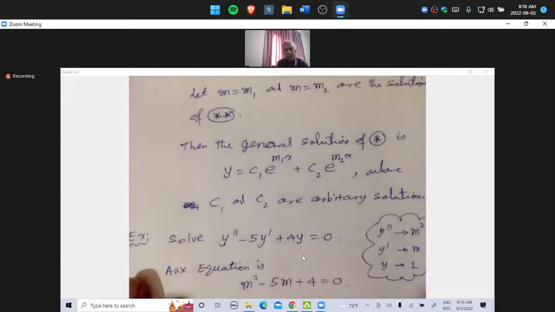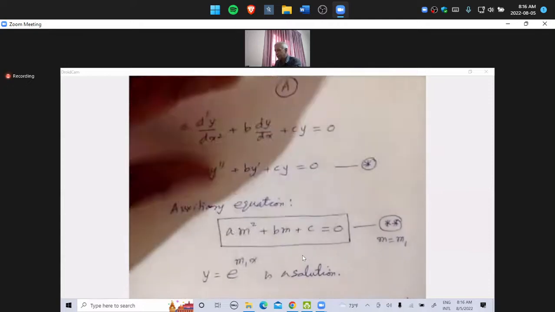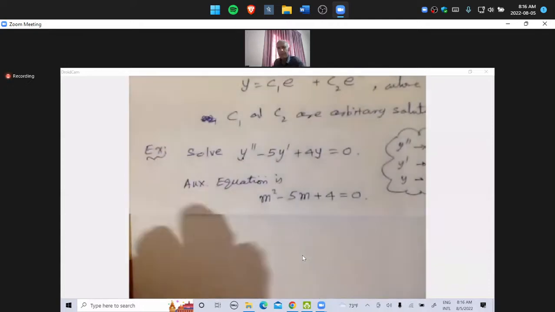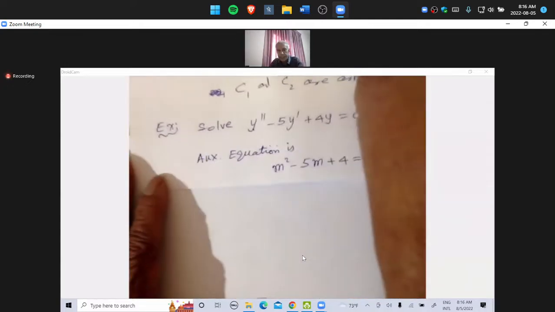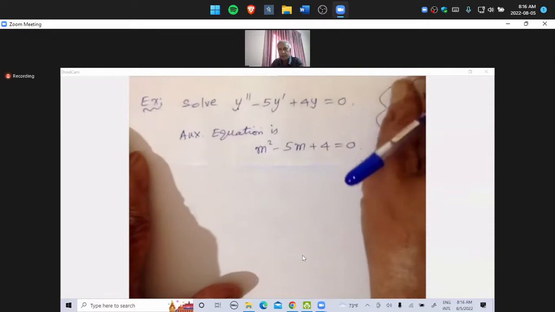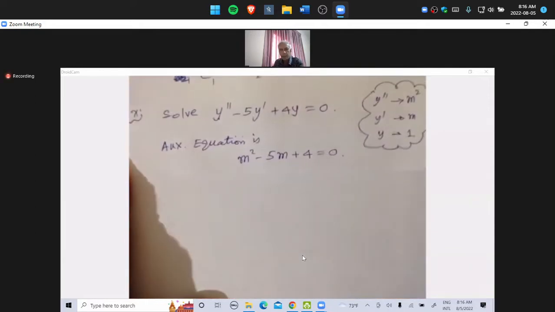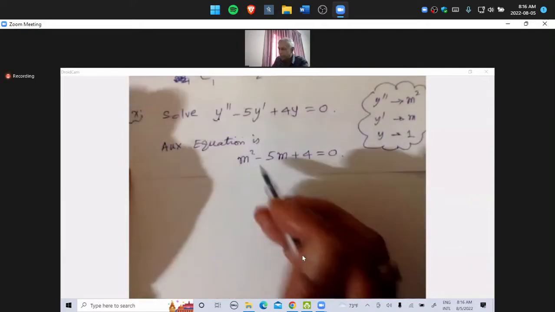That is all that you have to do to solve this differential equation. You get this, a quadratic equation in m. It's like ax squared plus bx plus c equal to 0. Quadratic equation we can solve easily if it factors. So now what do we do?